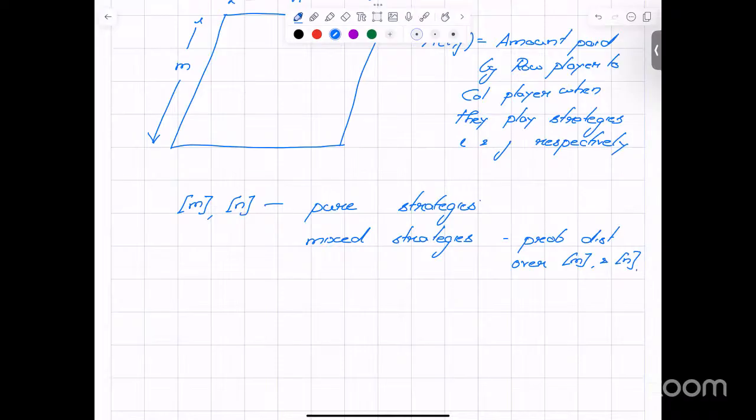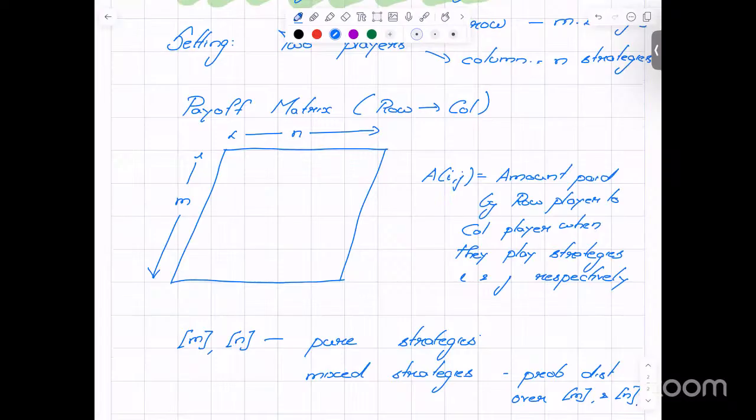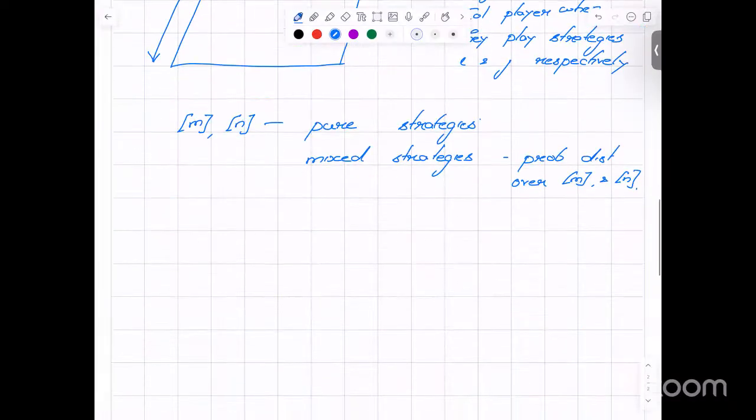Because this matrix talks about how much row gives to column, the column player wants to maximize his payoff, and the row player wants to minimize the amount he gives to the column player. So we had defined these quantities. P is a mixed row strategy.